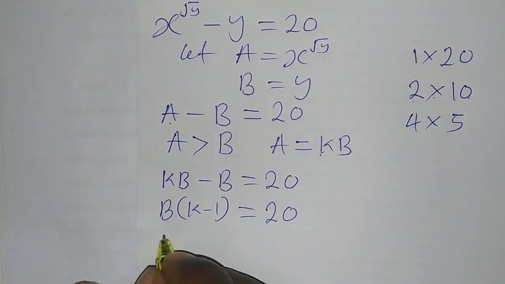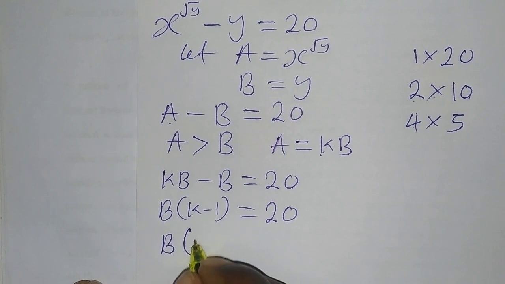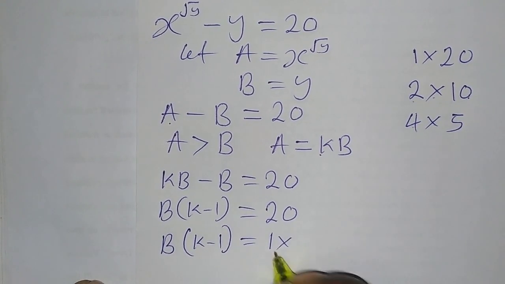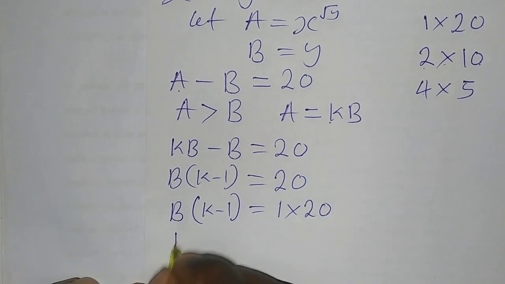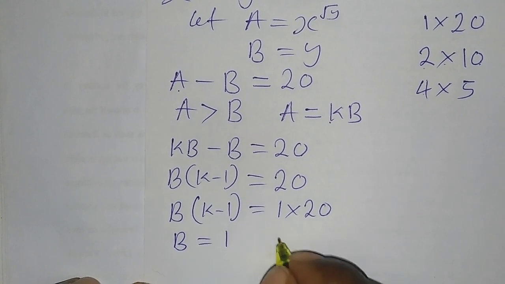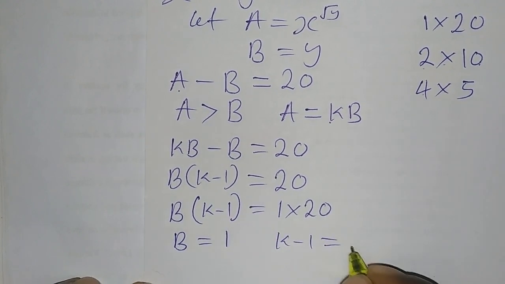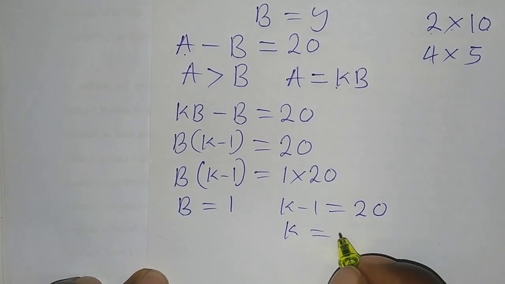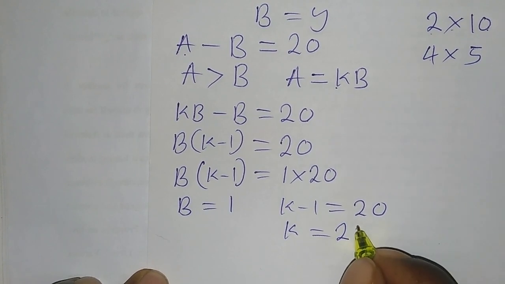Then b into k minus 1 is equal to 1 multiplied by 20. We can take b to be equal to 1 and k minus 1 to be equal to 20, which implies that k is equal to 21.